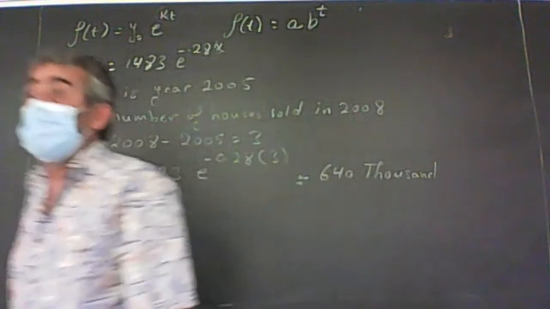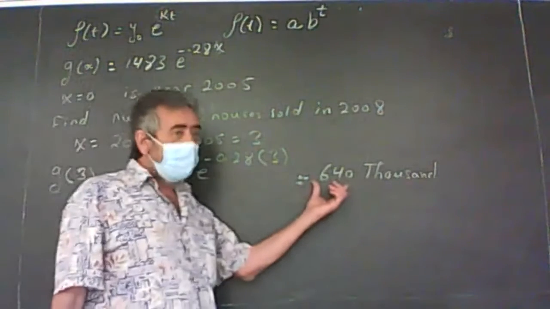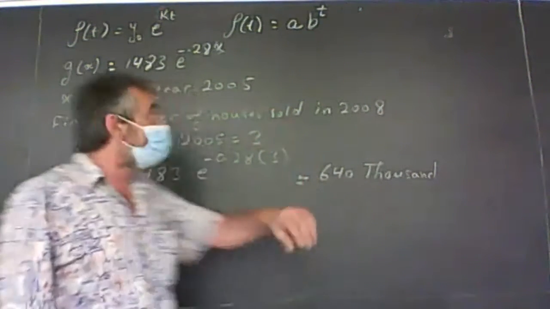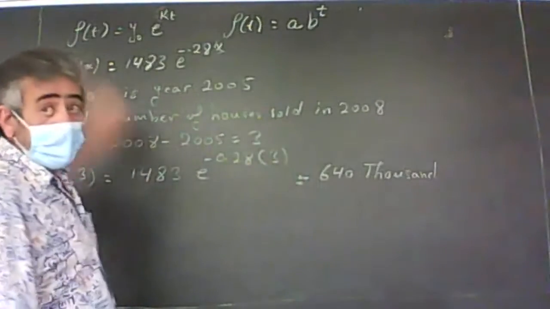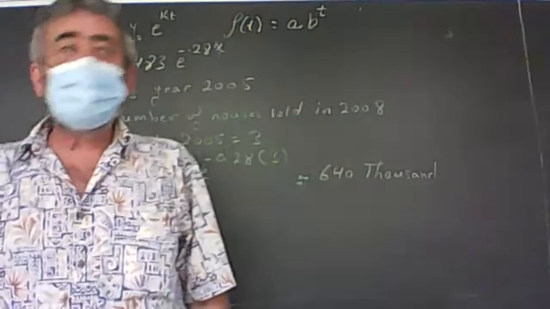Because the formula is in thousands, yes? Even though you get 640, that number represents 640,000, because this is what the formula gives: how many thousands of houses were sold in a particular year?